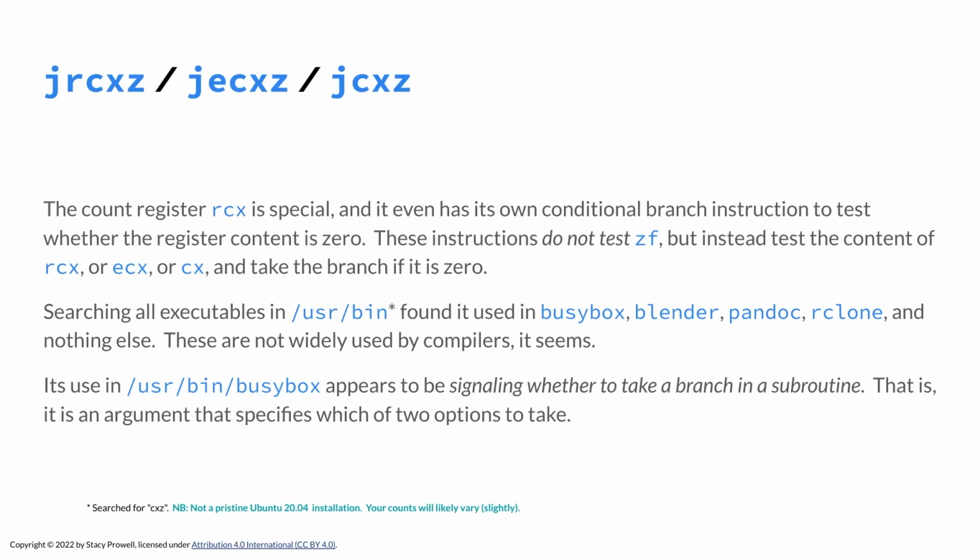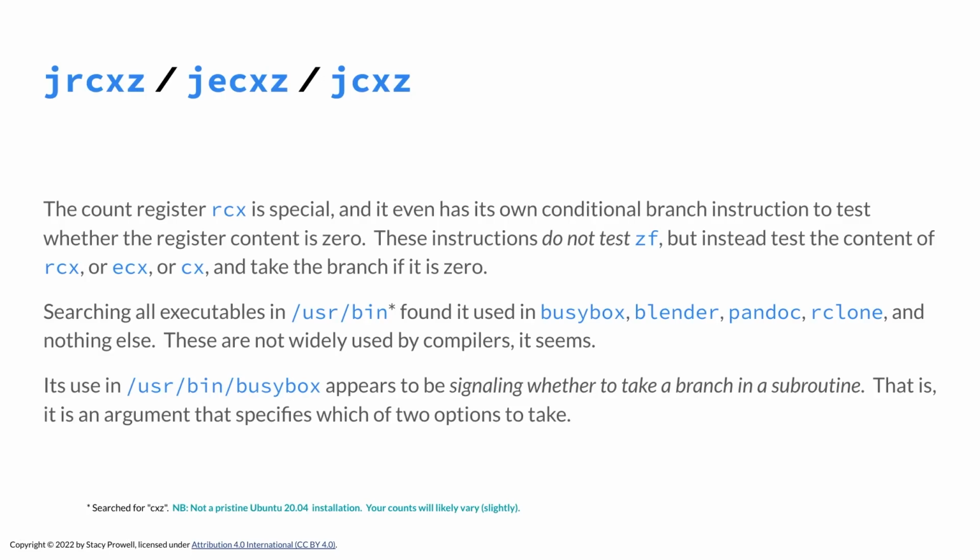And then Z is probably 0. This is jump if the content of RCX, or the first 32 bits of RCX, ECX, or the first 16 bits, CX, is 0. This is a way of testing that register, and only that register, and then jumping based on that.